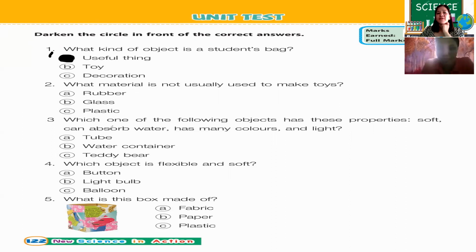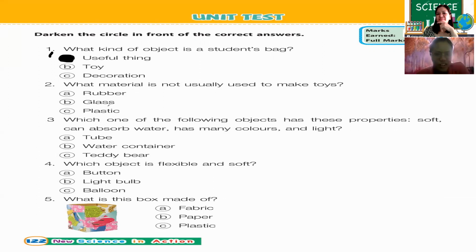One more example. What material is not usually used to make toys? Look at your toys. Mostly your toys are made of what? Rubber, plastic, fabric. But do you think it is good to use glass as a toy?